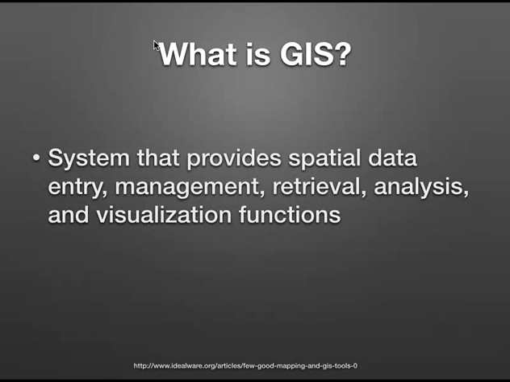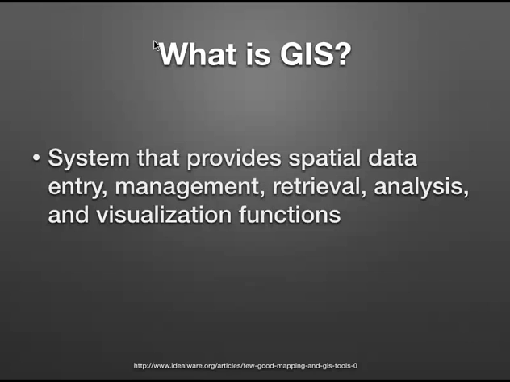You hear the term a lot nowadays, GIS. So what exactly is GIS? It's Geographic Information System, but it's really a system that encompasses these areas: spatial data entry, being able to input the geography information into some system; storage and management of that information, typically a database or some sort of repository to hold it; and retrieval and analysis of that information.